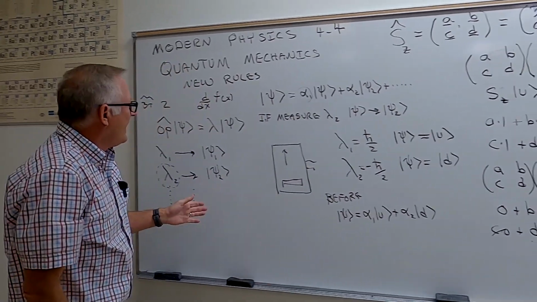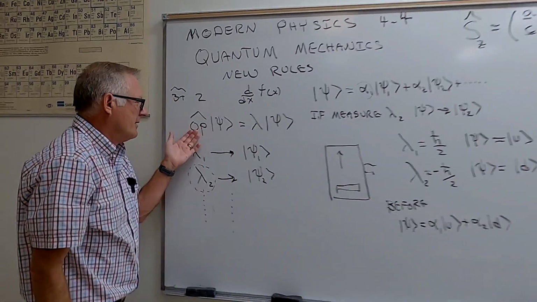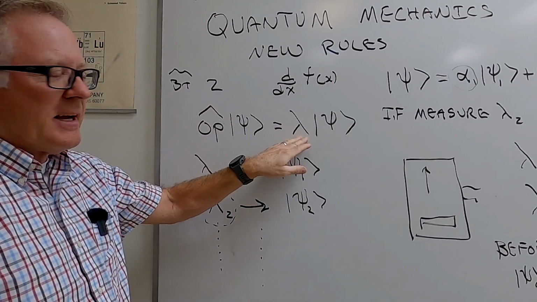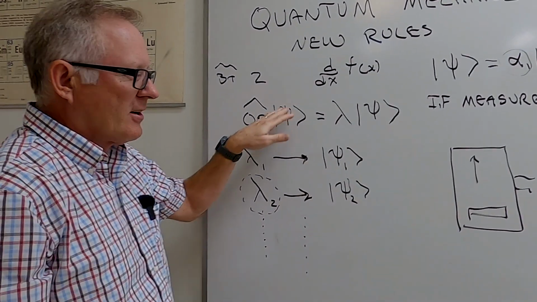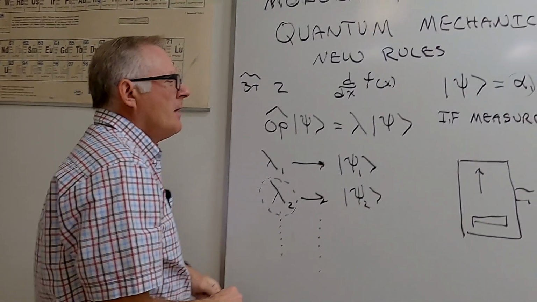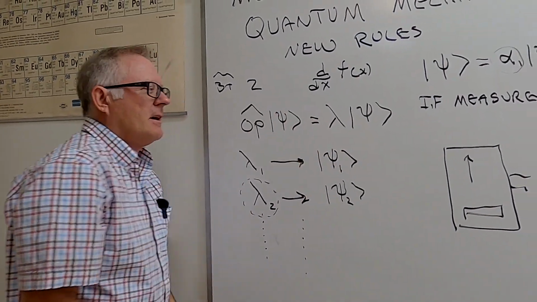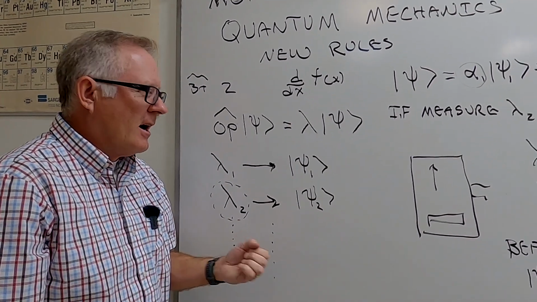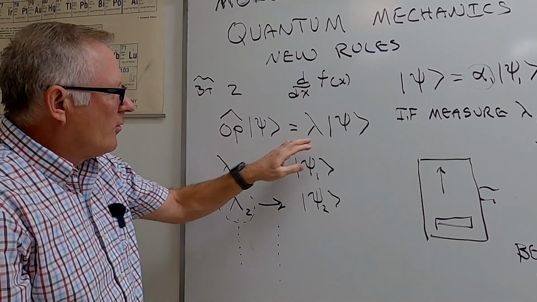Now I should say that a lot of times if you just pick any matrix, this is going to be a complex number, especially since these are complex vectors. But we never want a complex number here because we can never measure complex things.